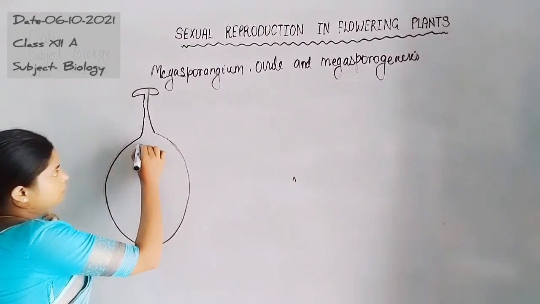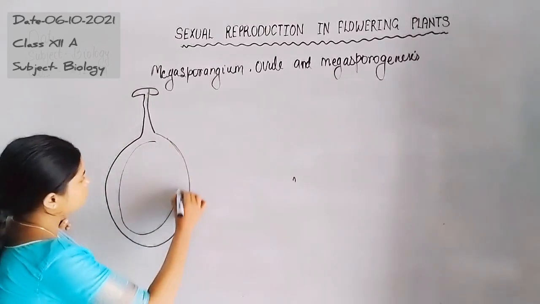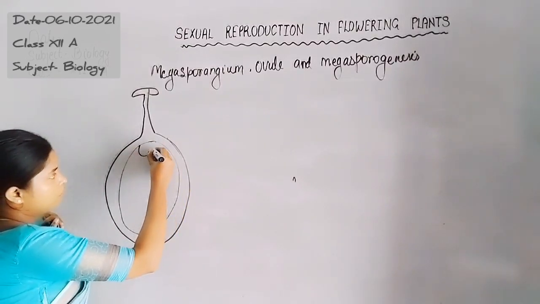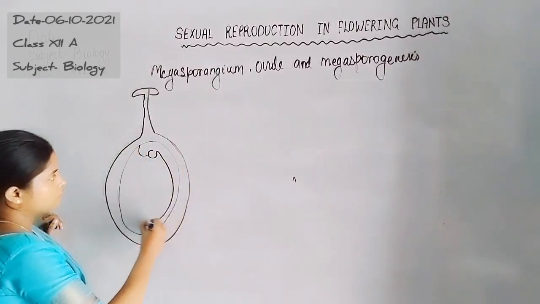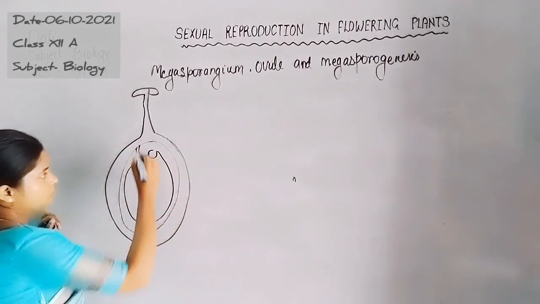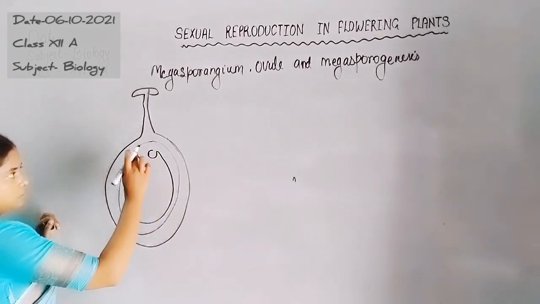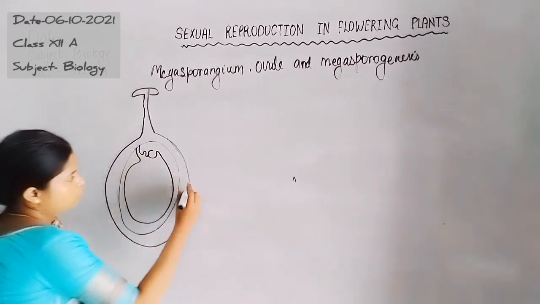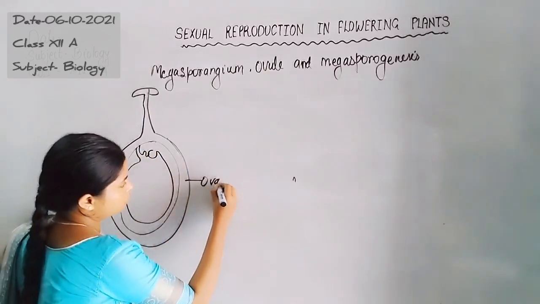Here inside the ovary, the embryo sac is present inside the ovule. So this ovary is the megasporangium.